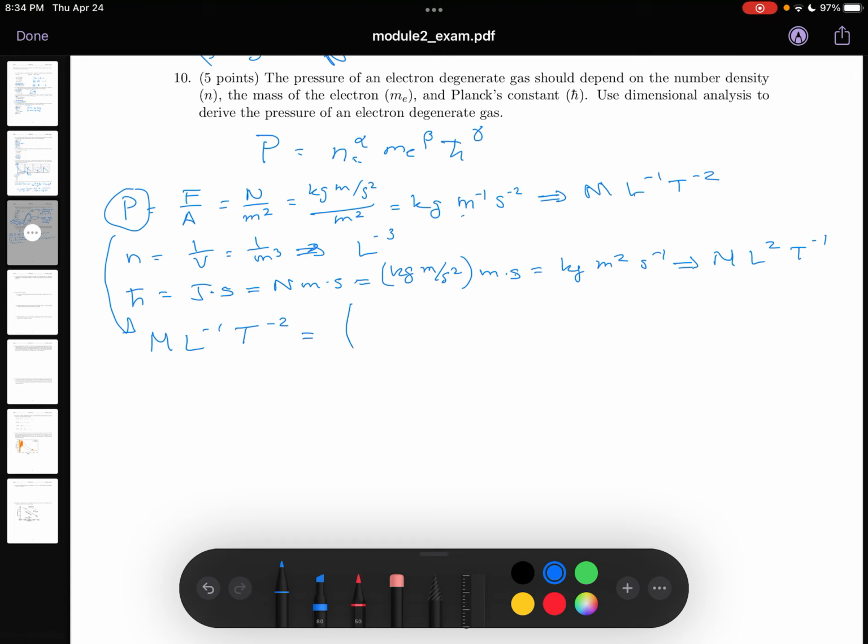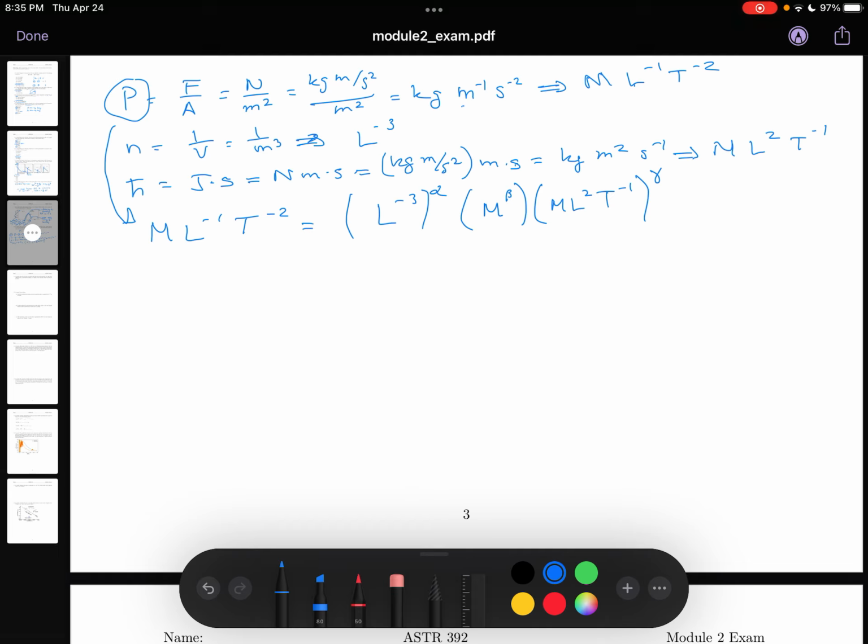So my number density is length to the -3, and then that's to the power of alpha. I didn't do the mass of the electron, but that's just a unit of mass, so that is just m to the beta. And then we have h bar, which is mass length squared t to the -1, and that's all to the gamma.